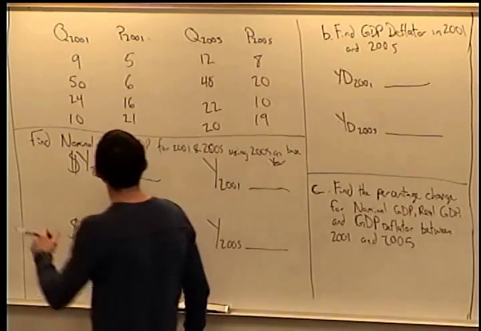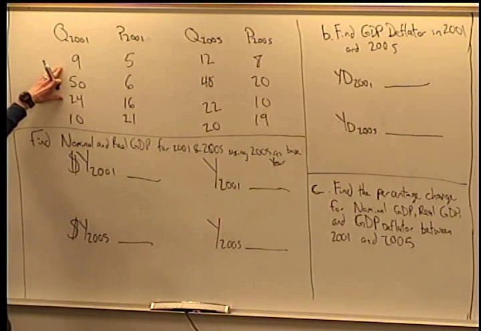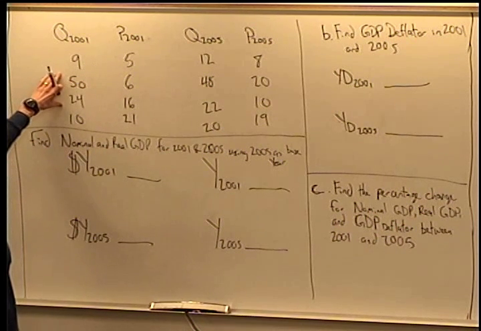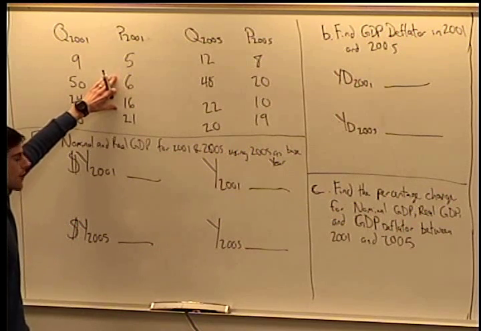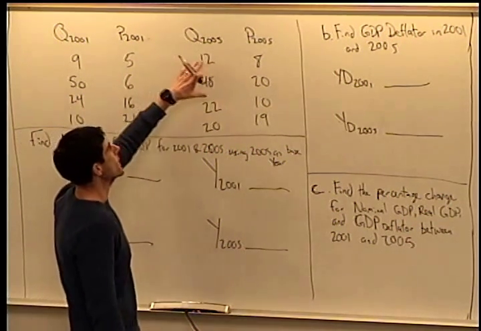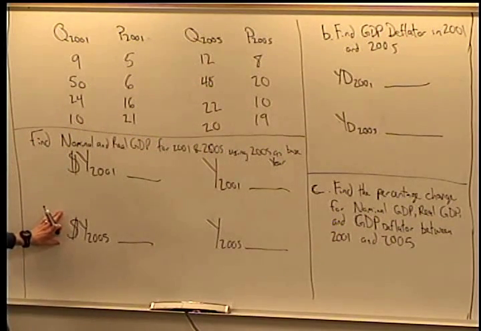Okay, to solve for nominal GDP, remember we take quantities in the current year times prices in that year. So we're going to take quantities in 2001 times prices in 2001. That'll go here. Then we take quantities in 2005 times prices in 2005, and that goes here.